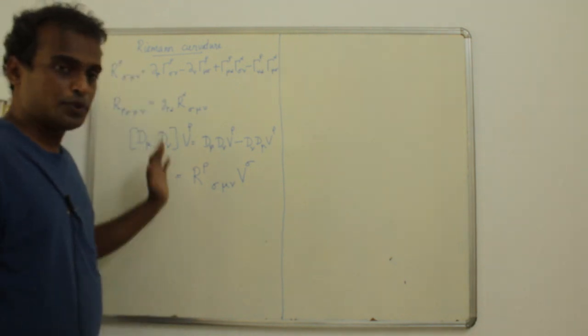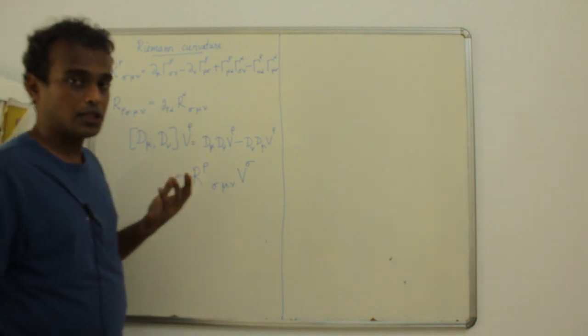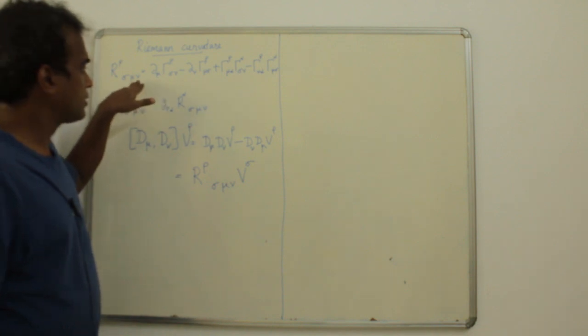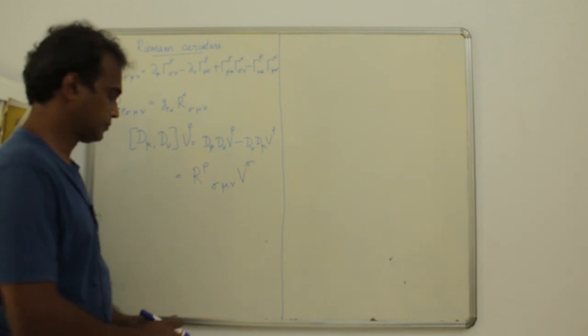We could now list a few important properties of the Riemann tensor. In fact, we had started doing this in the previous class. Two of those properties can be noticed by observing this expression.